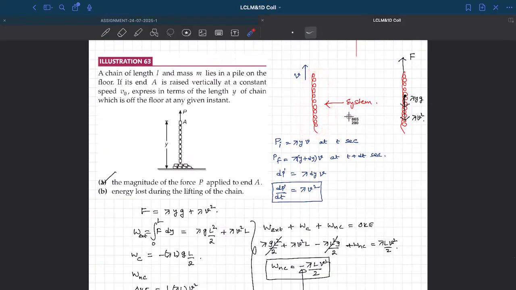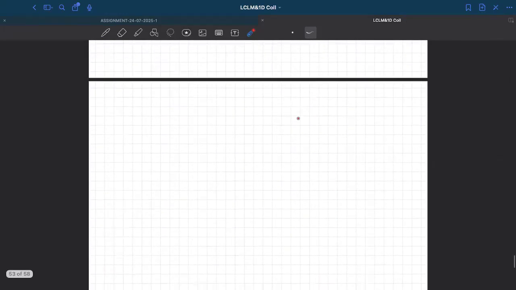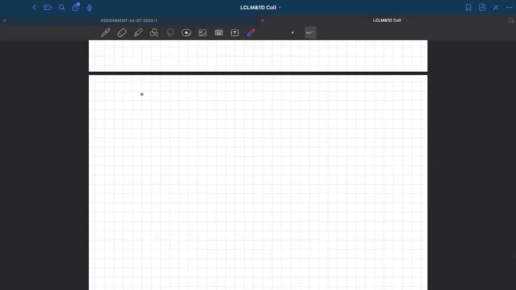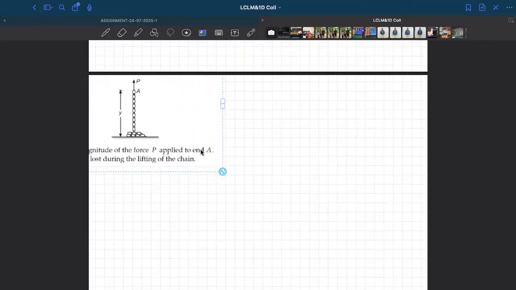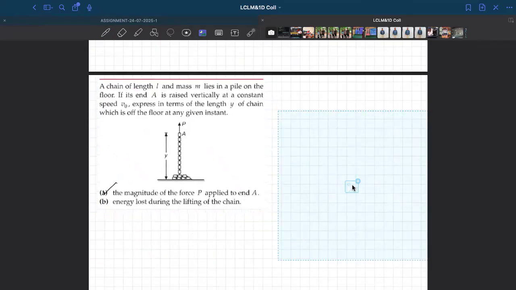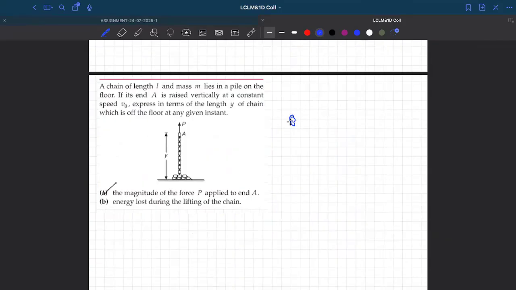I would like to copy the same again in a different page so that I can deal with it comfortably. See, at a given instant, this is my system.